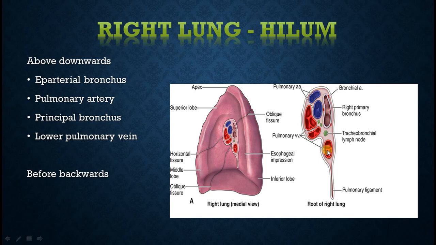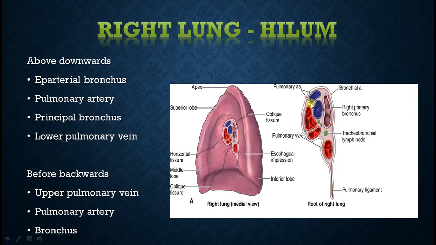From before backwards: superior or anterior pulmonary vein, pulmonary artery, principal bronchus. It's very simple.